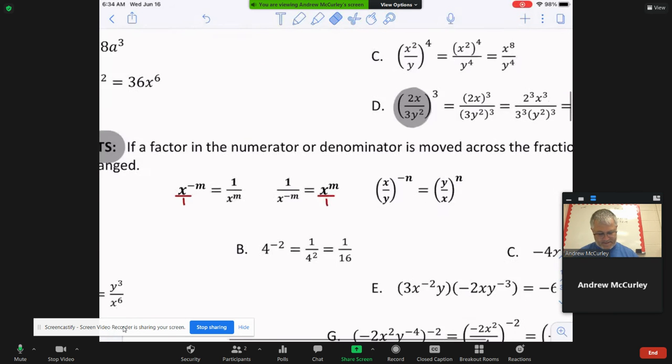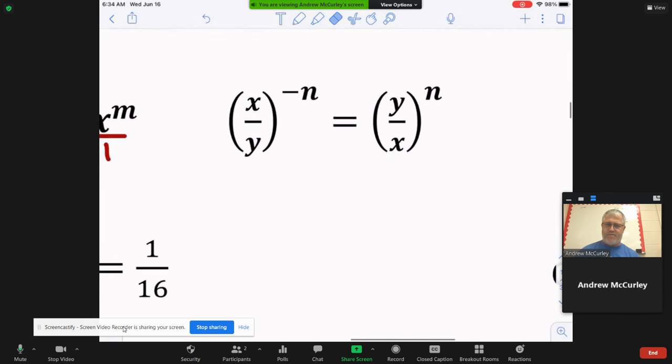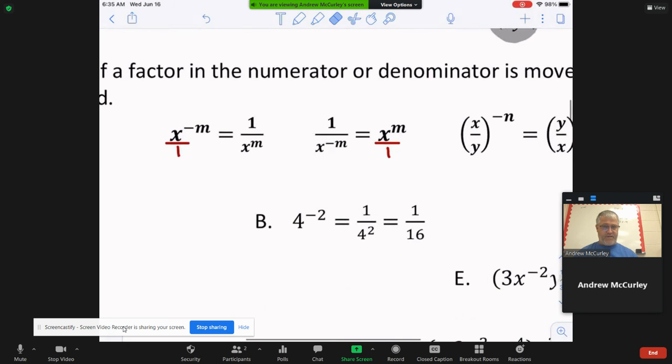Okay, so that's the one thing that happens all the time. The other rule, I like this right here. We don't use this as much as we should. If we've got a negative exponent for a quotient, we can just take the reciprocal of what's inside and change it to positive, and that takes care of itself. You could take each one, do the power rule and take them to a negative exponent, and then flip it and move it with the negative rules here.